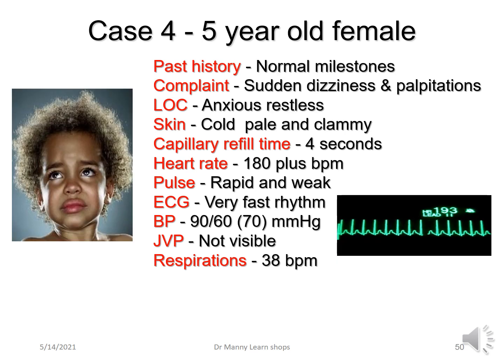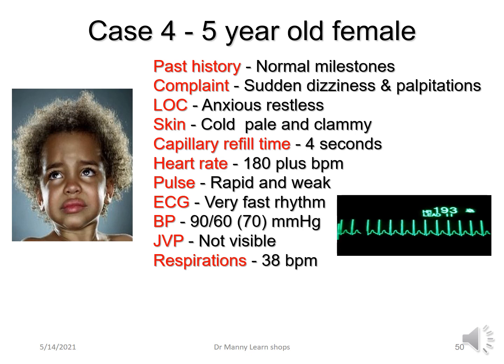Our final case is a kid. She's 5 years old. She's had normal milestones, but one day, today, she suddenly becomes really dizzy. She's feeling faint and she's complaining of feeling beating in her chest, palpitations. She's anxious and really restless. She's cold, pale and clammy.